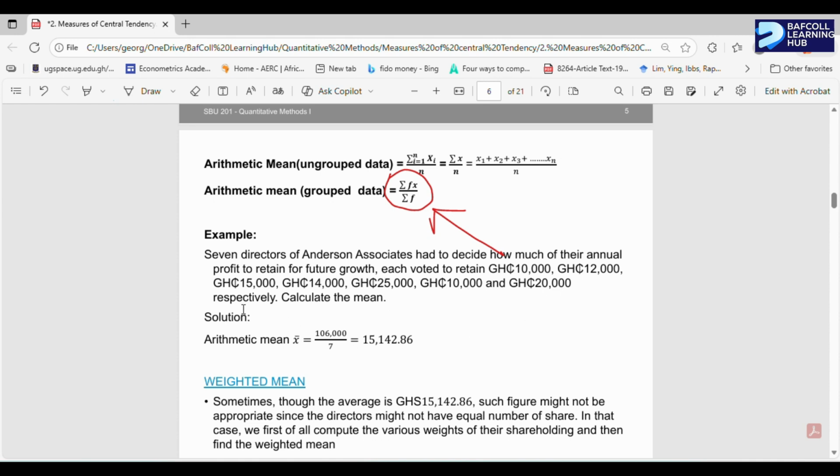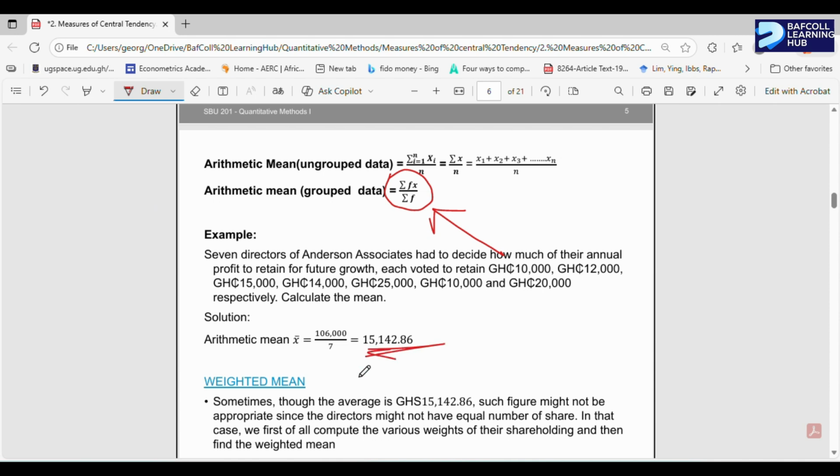The mean here is the arithmetic mean. So we take 10,000 plus 12,000 plus 15,000 plus 14,000 plus 25,000 plus 10,000 plus 10,000, divided by 1, 2, 3, 4, 5, 6, 7.